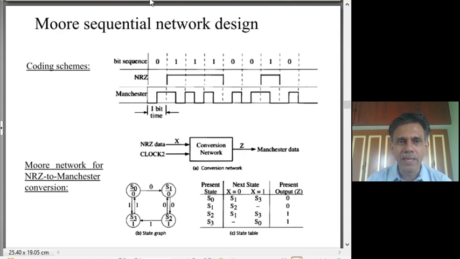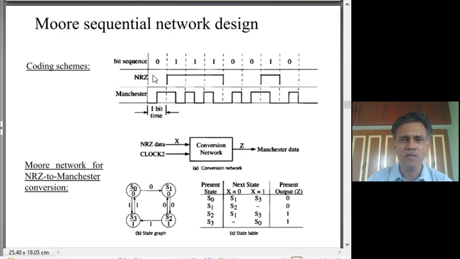We will call those data bits. Some information is encoded in the form of zeros and ones and they have to be sent, maybe images, videos or raw data, textual information and so on. So the bit sequence can be 0, 1, 1, 1, 0, 0, 1, 0 and so on. How do we encode it and then send it?